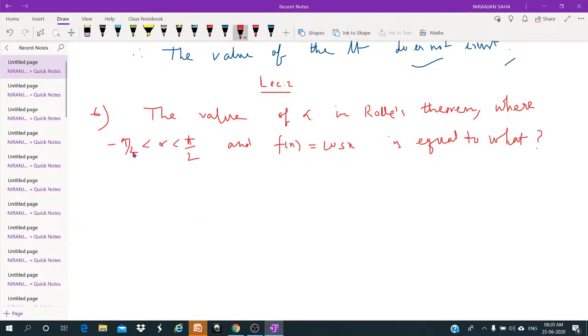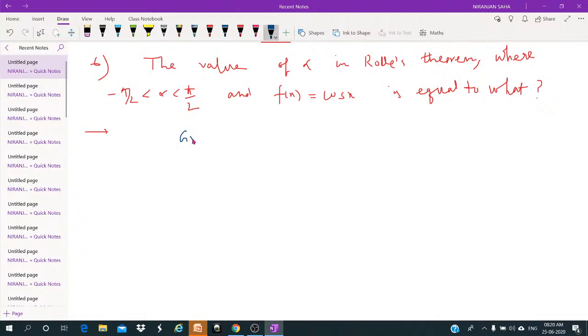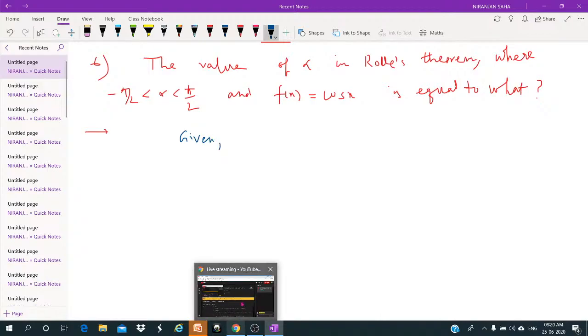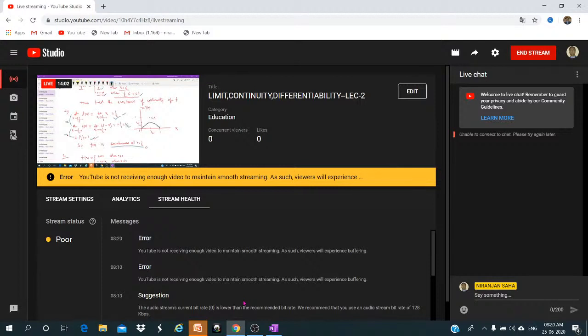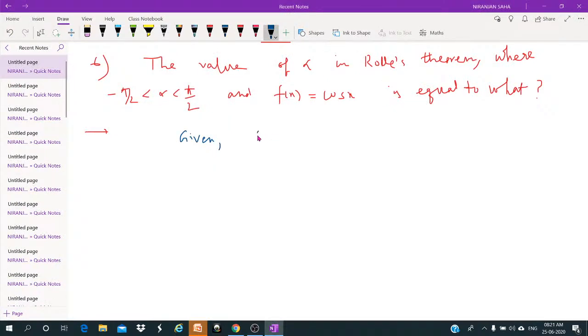So we know Rolle's theorem. Here the given function is f(x) equal to cos x.